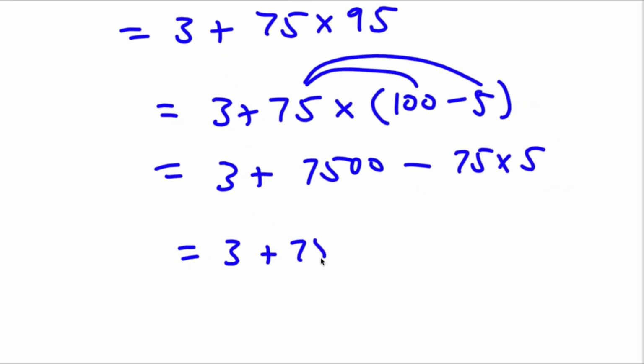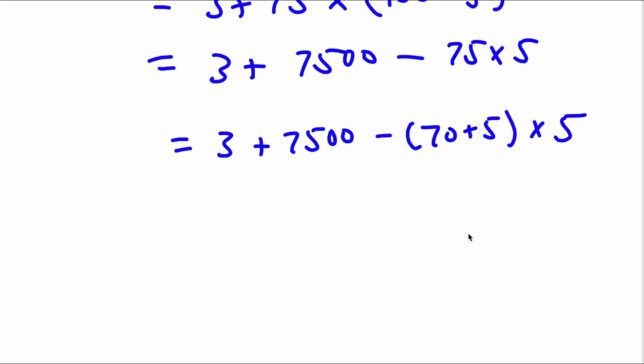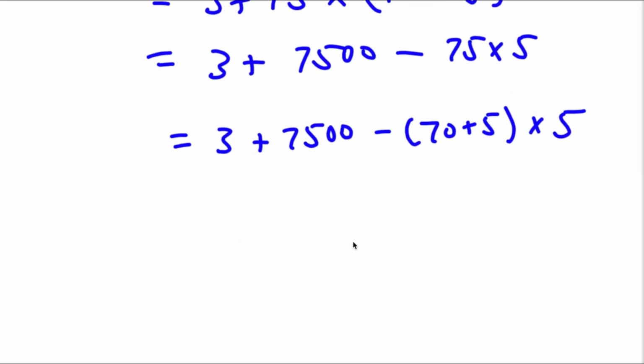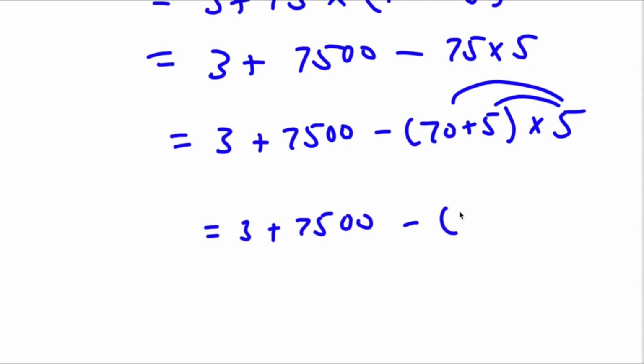Now I have 3 plus 7,500 minus 75 times 5, and 75 is the same thing as 70 plus 5, times 5. Now if I distribute the 5, I get 3 plus 7,500 minus 350 plus 25.